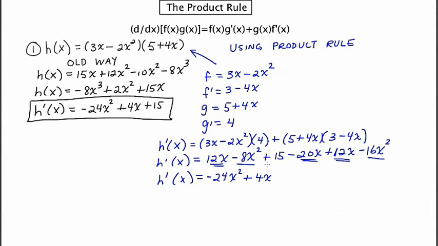And then we finish with our constant, which is plus 15. Now, if we compare this answer with the answer that we got doing it the old way, we have agreement. They're the same thing. So in certain cases, using the product rule will be quicker. In this case, actually, it was probably easier to do it the old way, but as you do more and more practice, you'll start to get a feel of when you should use one method over the other.